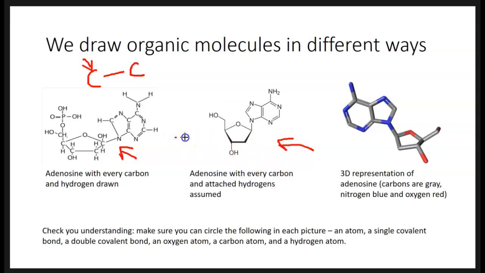This is the exact same molecule as this one over here. This is adenosine as well, except for every carbon we've omitted the chemical symbol, so we haven't written carbon, but instead we've drawn carbon as the intersection of two covalent bonds.